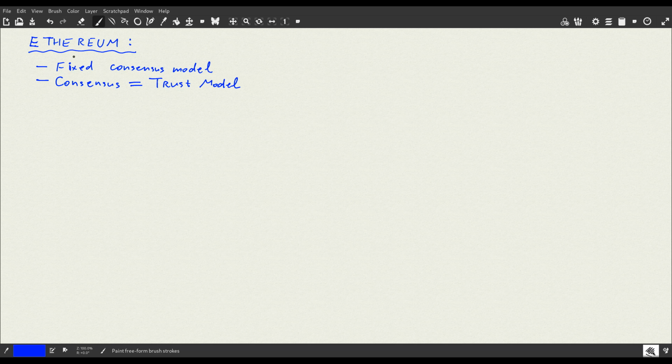In a similar way, in the model of our blockchain, consensus and trust do not really need to be equivalent. And in Hyperledger, I will show that they're indeed not the same. So for the moment, let's see what are the features of Ethereum.